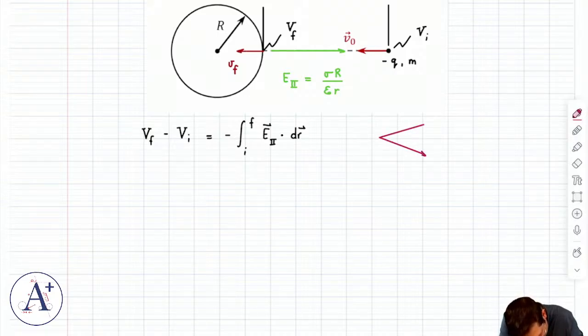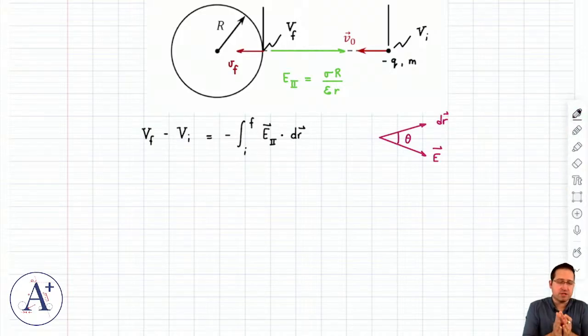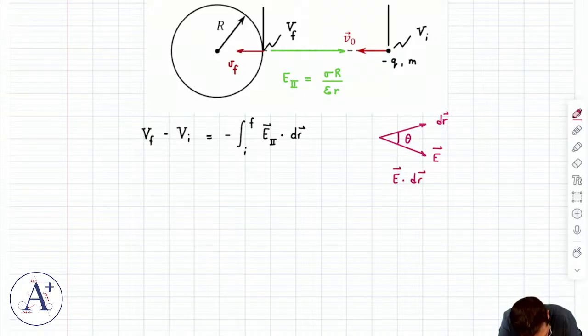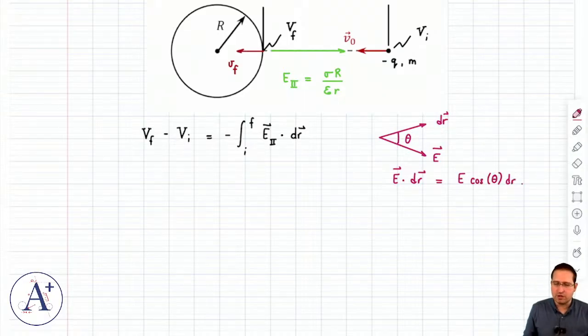If I have E as a vector and dr as a vector, and I have an angle theta between the two, theta might be 0 because they point in the same direction, but if you have two vectors, there's always an angle theta between them. Then E dot dr is E cosine theta dr. That's just the definition of the dot product. It tells you how much of E is along dr.